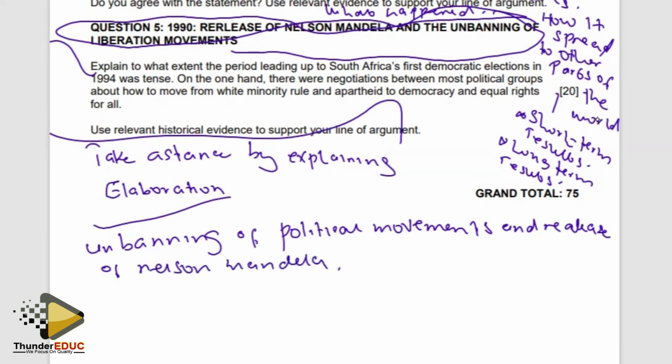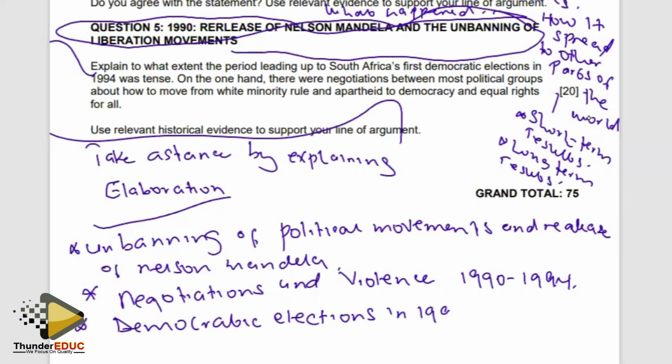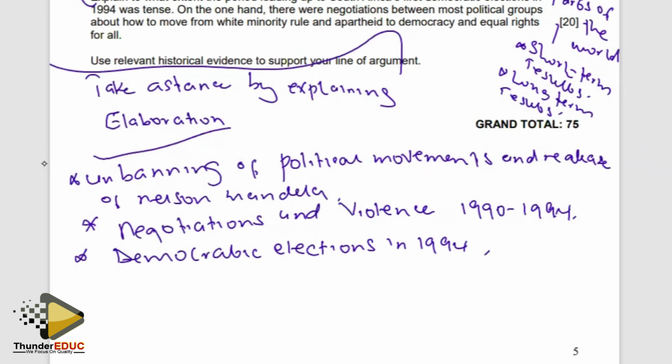You should also talk about the negotiations and violence from 1990 to 1994. You should also talk about the democratic elections in 1994 and any relevant information.